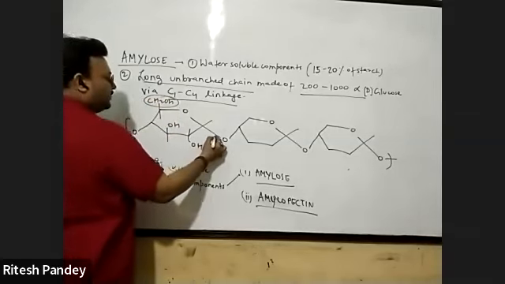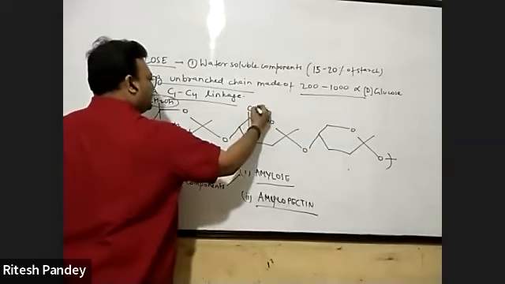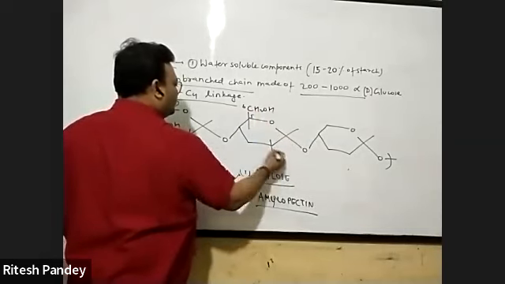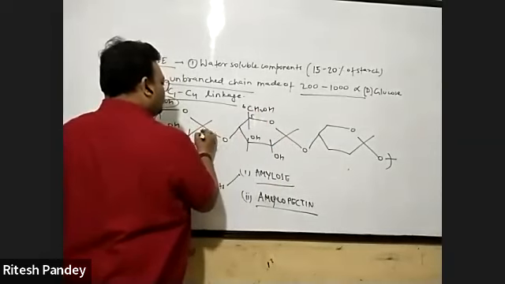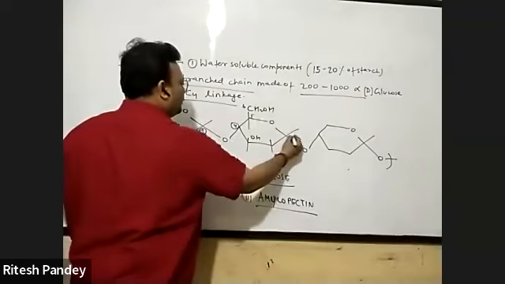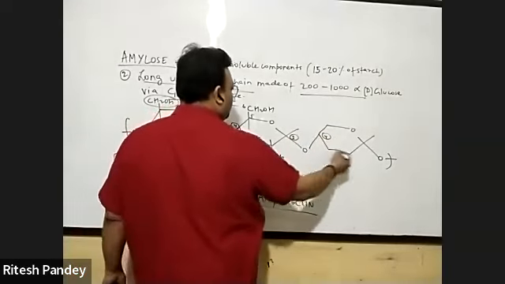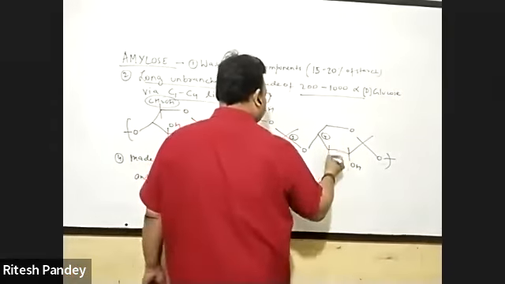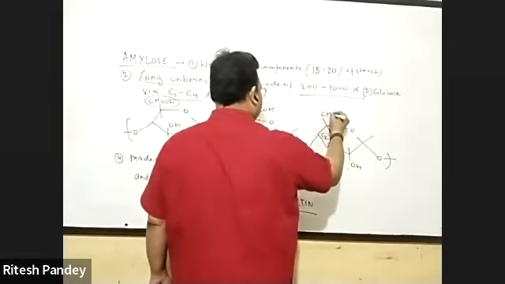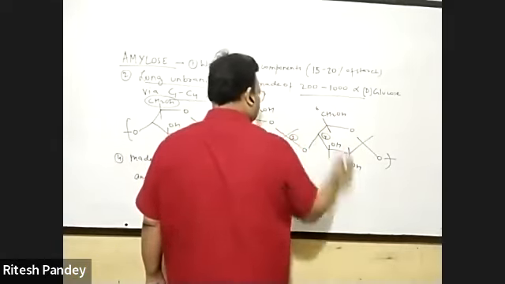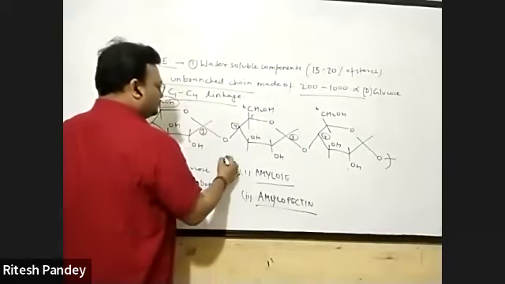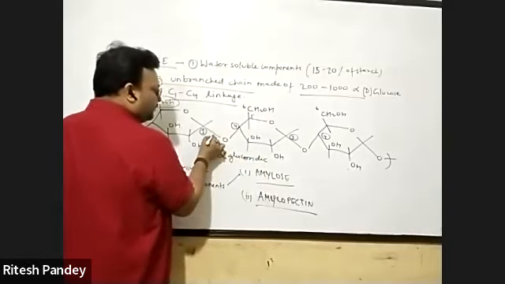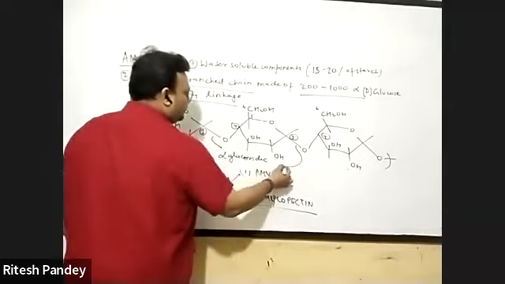Above, below would mean it's alpha. C1, C4, C1, C4, and naturally it's polymeric in nature. It's alpha glucosidase, be it this or this.